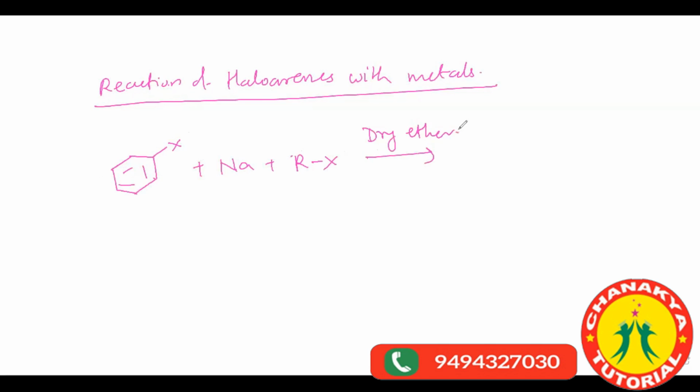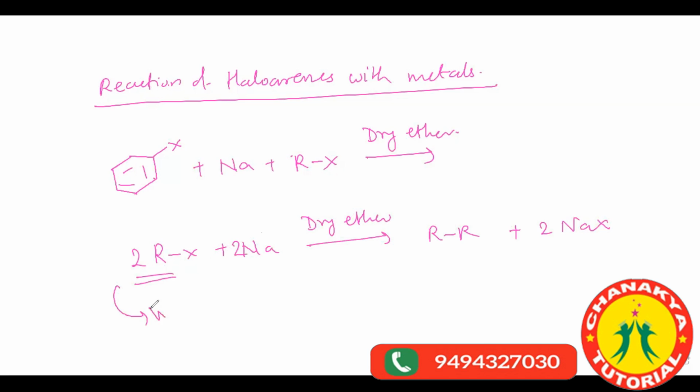Yeah, Wurtz reaction. Actually, it's not a Wurtz reaction, it's a Wurtz-Fittig reaction. The Wurtz reaction, I have explained to you: 2 moles of R-X treated with sodium in the presence of dry ether. Correct? These two R groups or alkyl groups will be coupled with each other to form the product in this manner. Correct? Isn't it? You will get 2 moles of NaX. And this reaction is what? Wurtz reaction.